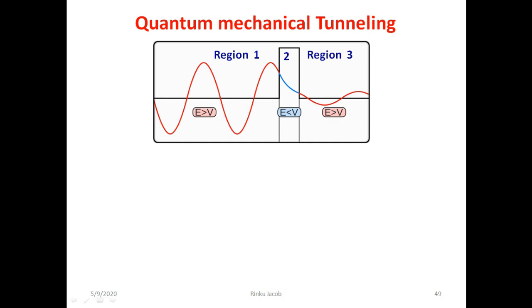To study quantum mechanically the dynamics of the particle approaching the barrier, we make use of the Schrodinger equation. For that, first we have to represent mathematically the waves traveling through region 1, that is the incident and reflected waves, then the wave that tunnels through region 2, and the wave that is transmitted to the other side of the barrier, which is region 3.